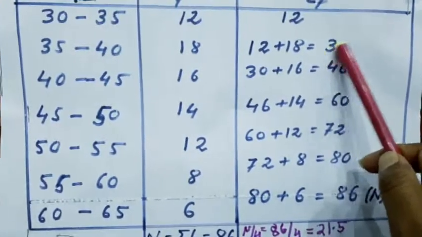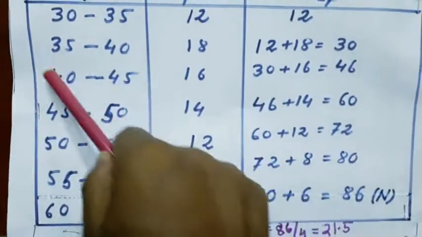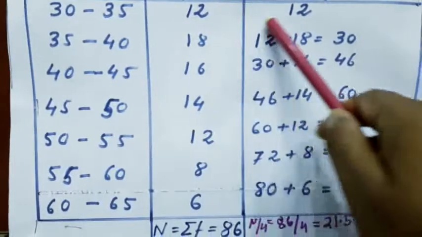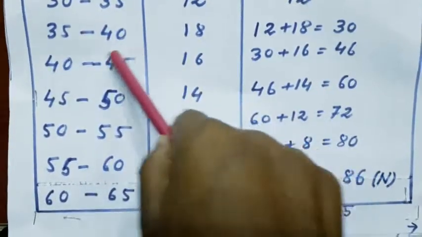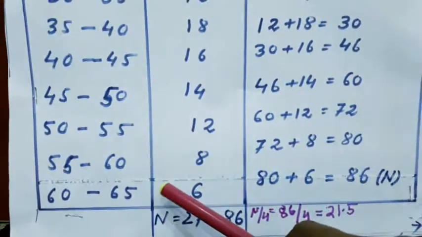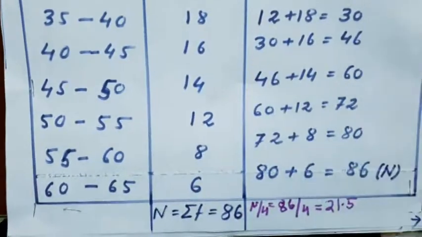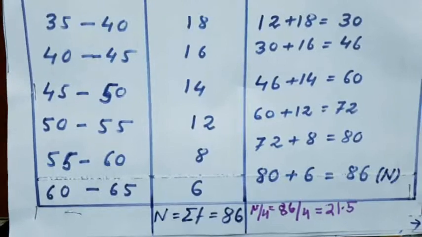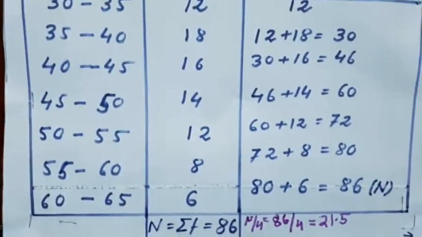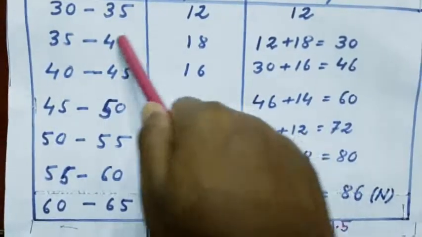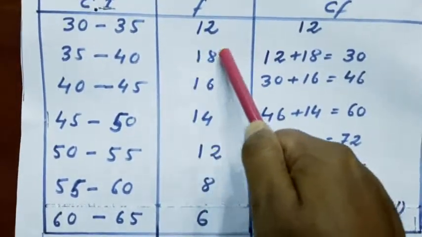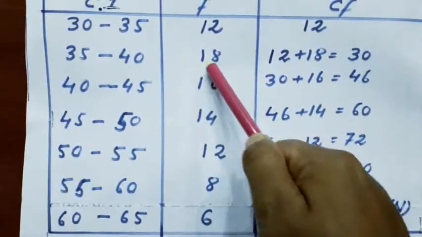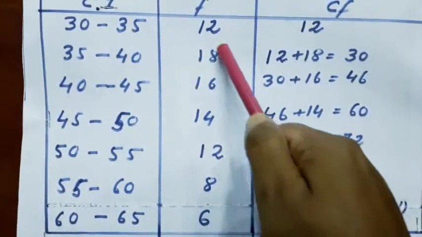It means this is the first quartile class. This 35 to 40 is the first quartile class, and this is the frequency of the first quartile class. Okay, 18 is the frequency of the first quartile class.